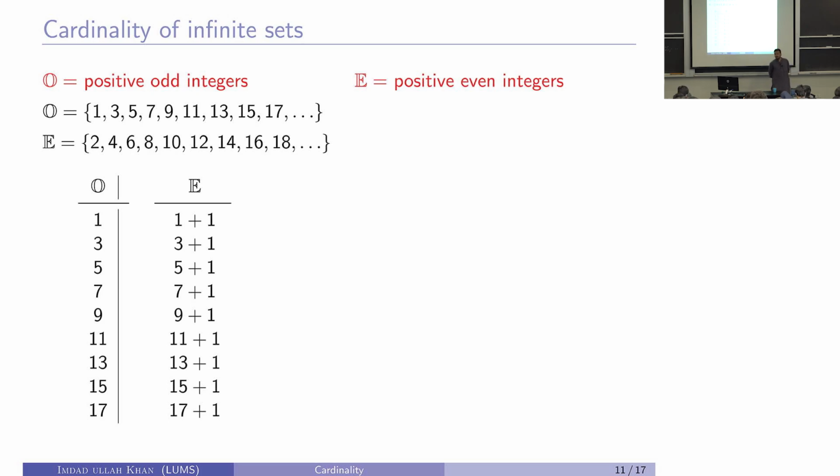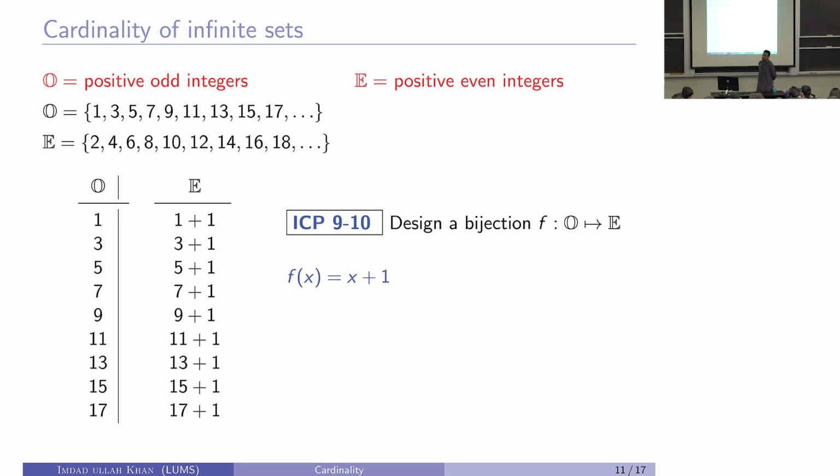You should see this in the picture: the numbers from 1 to 17 on one side and on the other, the exact same numbers appear. That's the correspondence between them. I told you f of x equals x plus 1, and this correspondence establishes that the cardinality of the set O is equal to the cardinality of the set E.